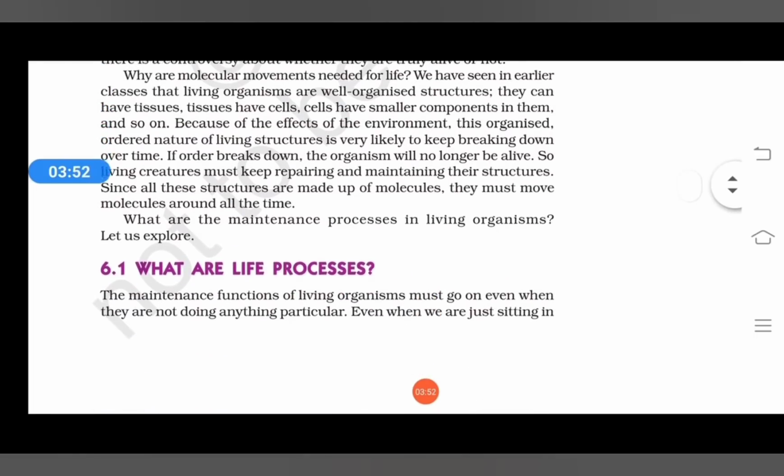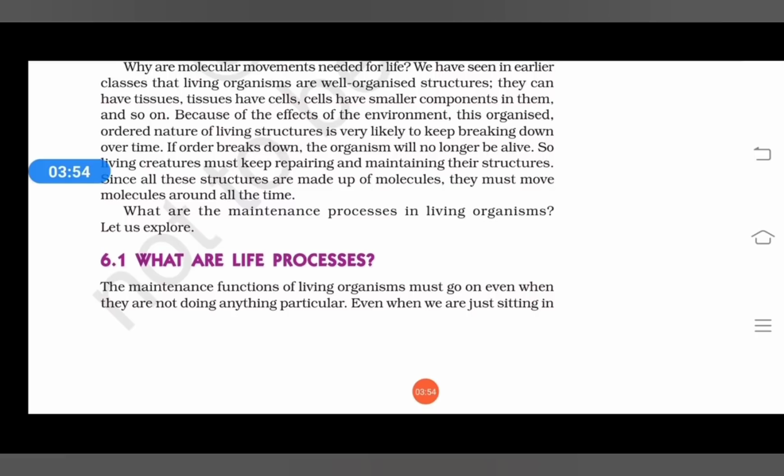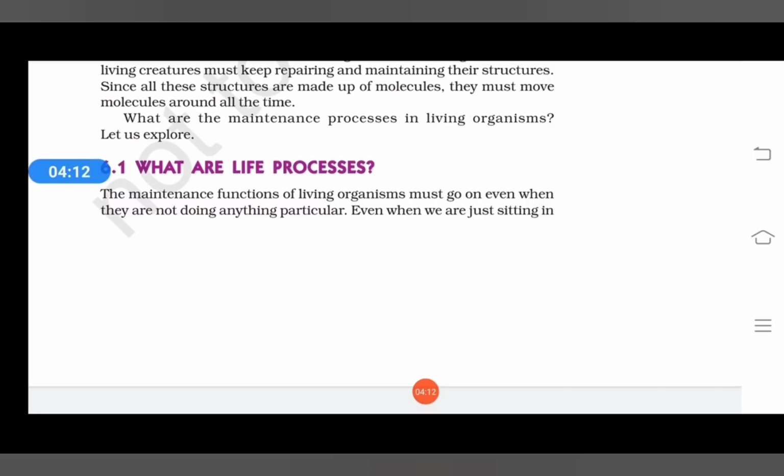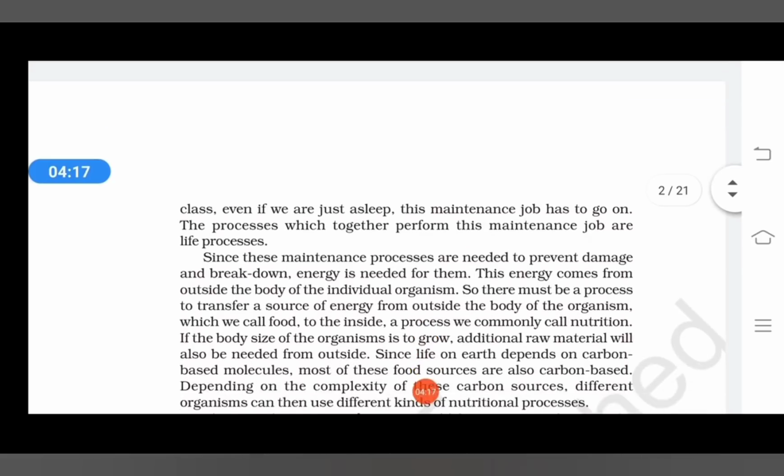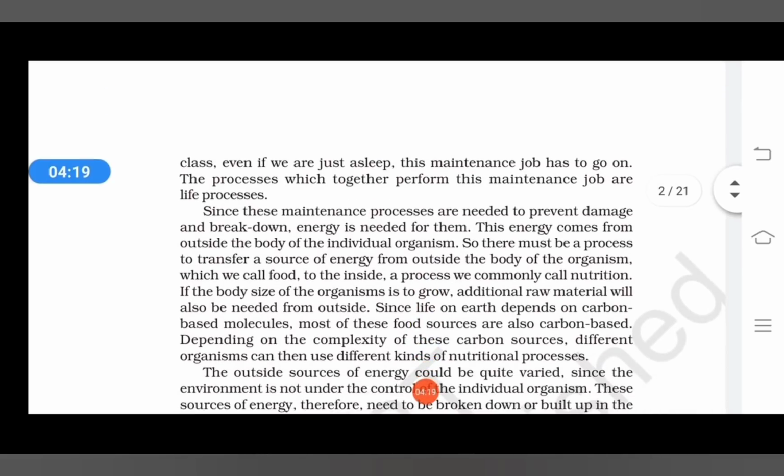So in order to keep the molecules moving, there are some processes. Let's see what they are. What are life processes? The maintenance function of a living organism must go on even when we are just sitting in class, even if we are asleep. This maintenance job has to go on.